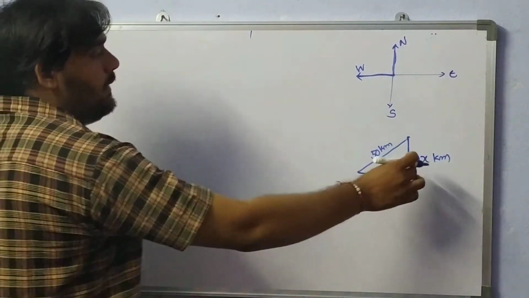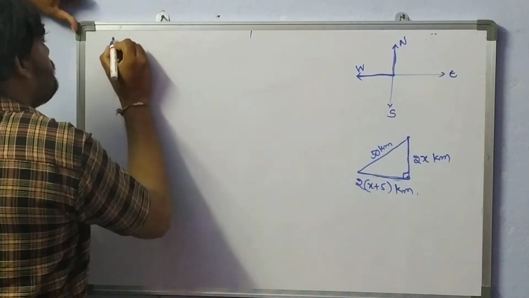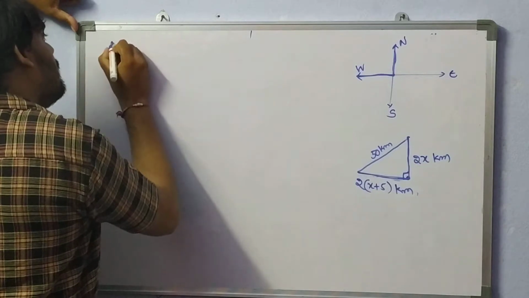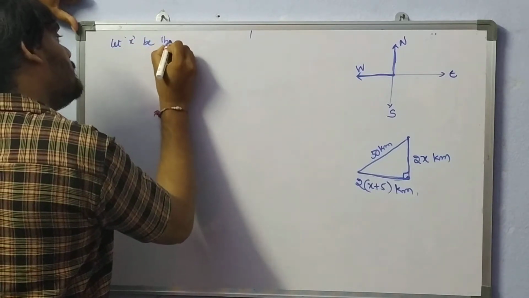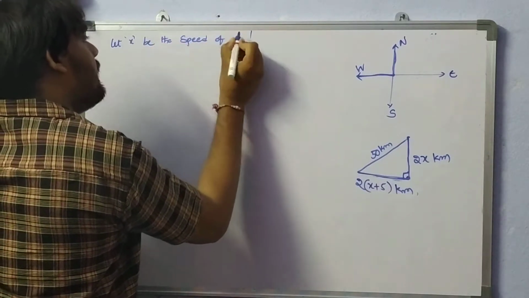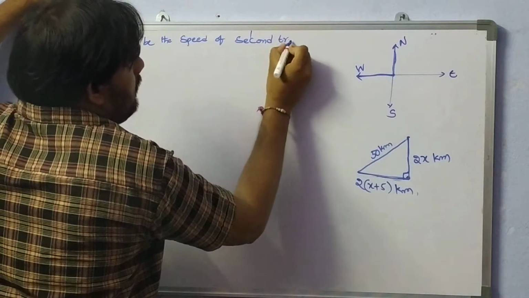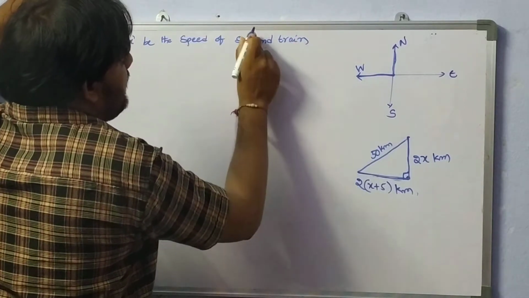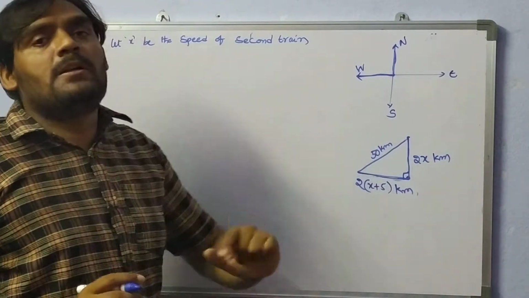Now we need to find the speed of the two trains. So first, let x be the speed of the second train. Why do we assume the second train? If we know the speed of the second train, we can find the speed of the first train.